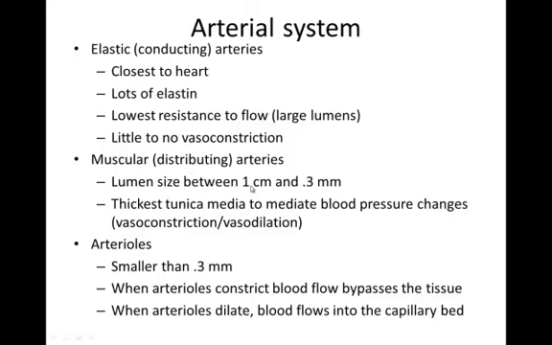Their lumen size is about 1 centimeter to 0.3 millimeters, about the size of a pencil lead. They do have the thickest tunica media because their job is vasoconstriction to control blood pressure or vasodilation. So they mediate blood pressure changes.